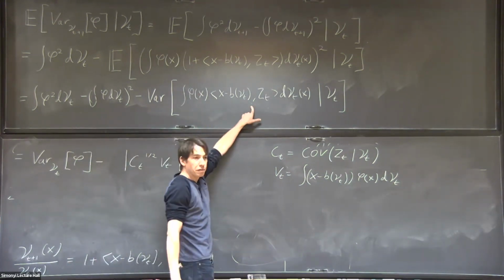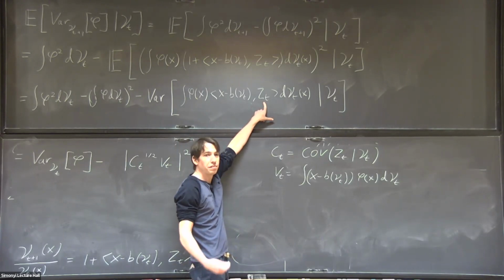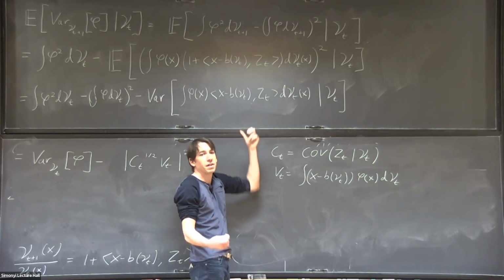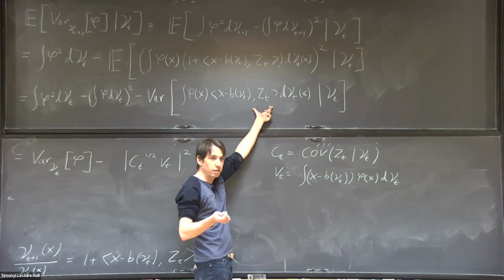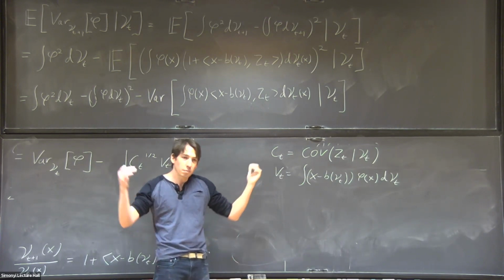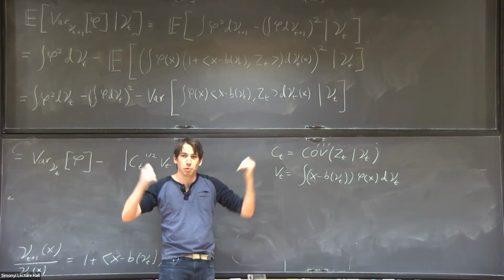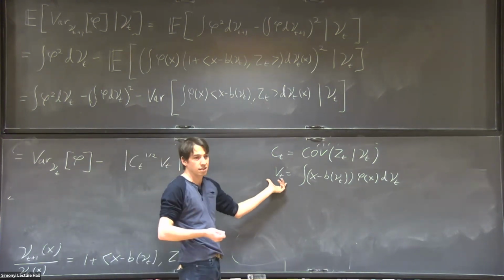Look what we have here. We have some vector dot zt variance. So what's the variance of a vector dot a random vector? It's like taking the covariance matrix of this random vector and plugging this vector in from both sides. And the vector that we have is exactly this vt.